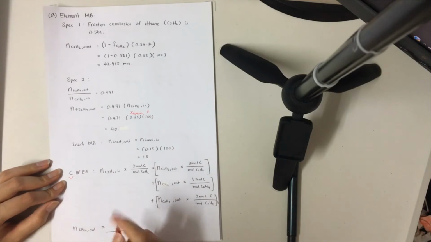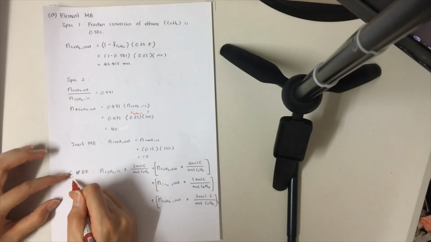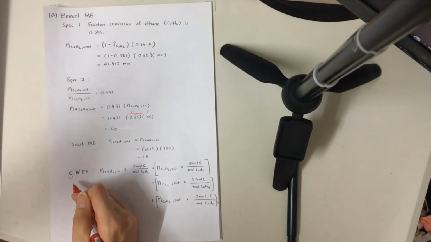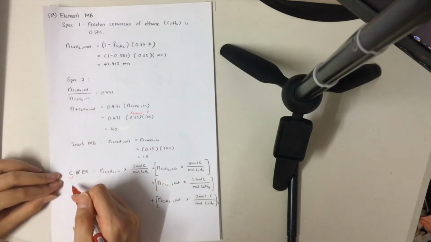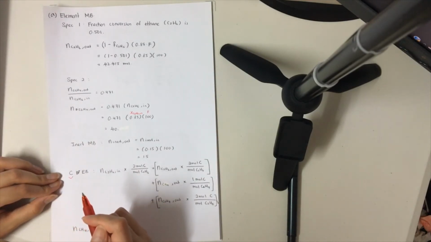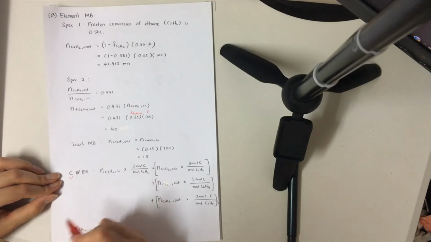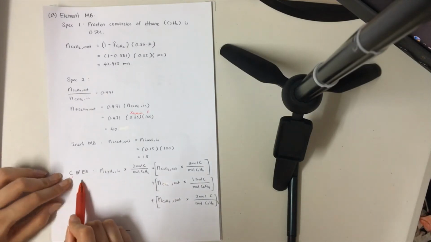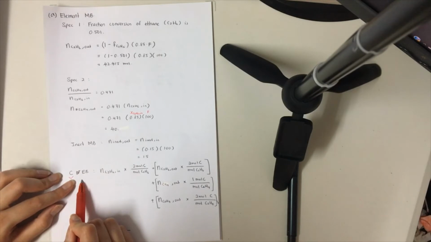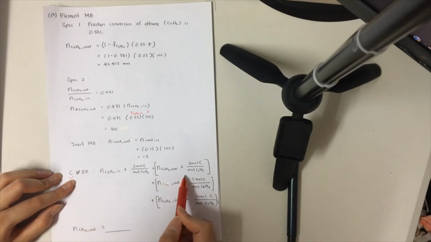Element balance, basically, we look at each single element in one component. For example, you may have CO2, so the elements inside are C and O. For element balance, in is still equal to out.